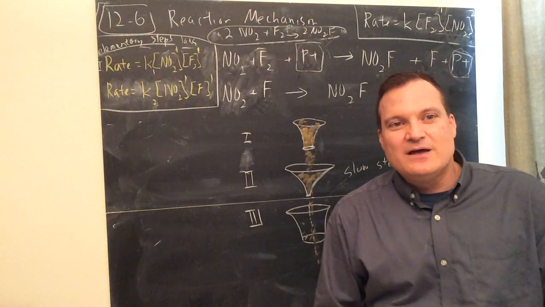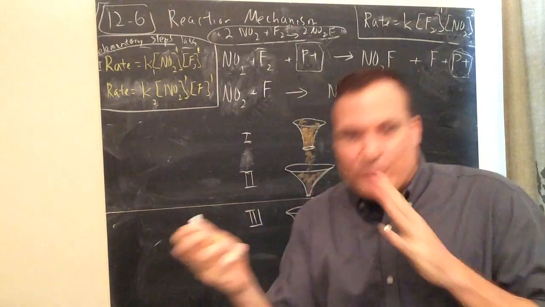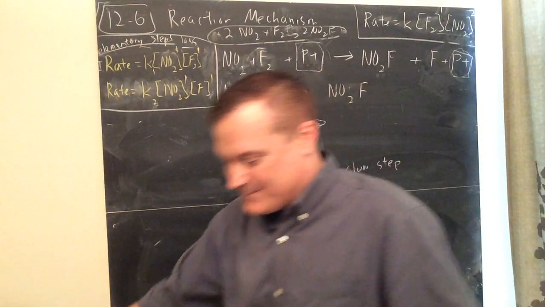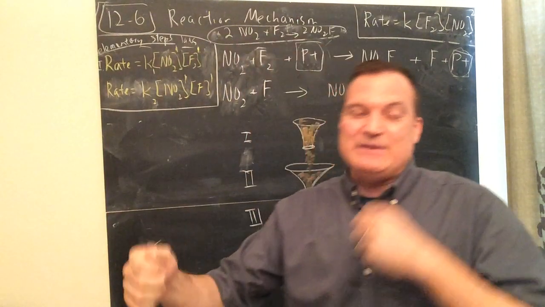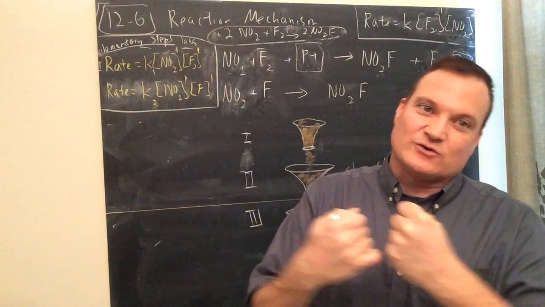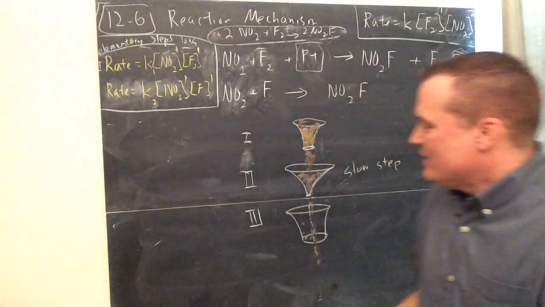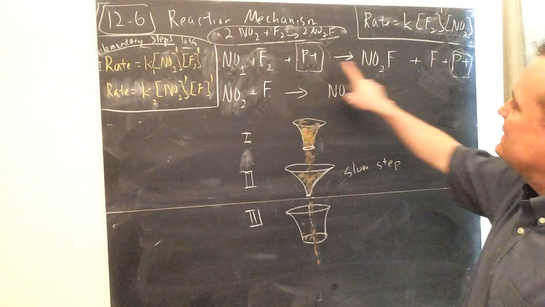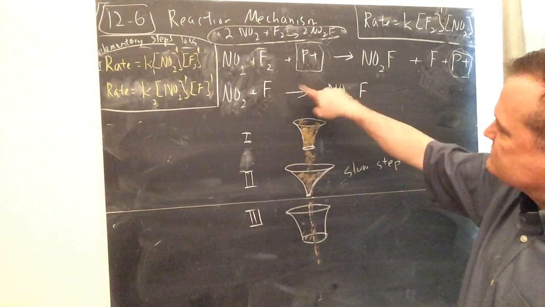In a mechanism, sometimes 2 molecules might just collide, boom, they break apart, and then they move on to the next step. But sometimes it might take a long time. Like we said, they collide and nothing happens. They have to collide in just the right way with the right energy. Then we move on to the next step. So the slow mechanism step is the one that takes longer for those chemicals.